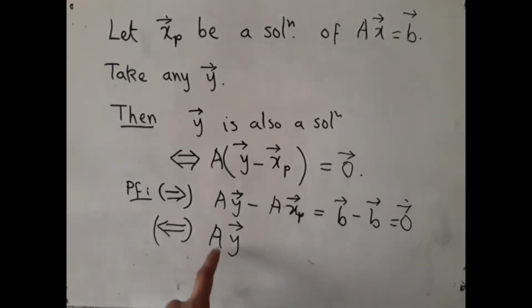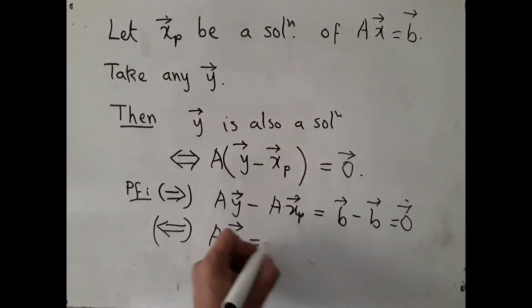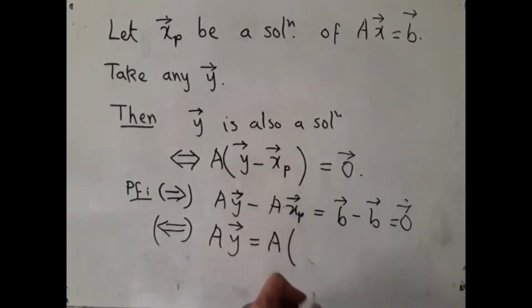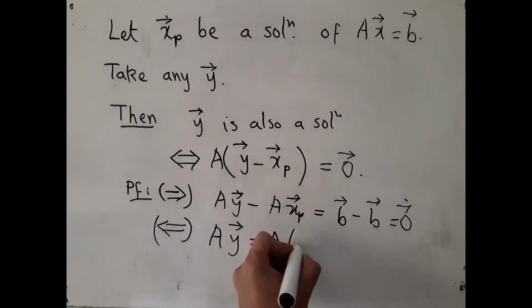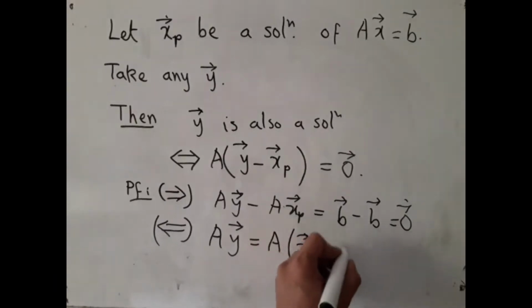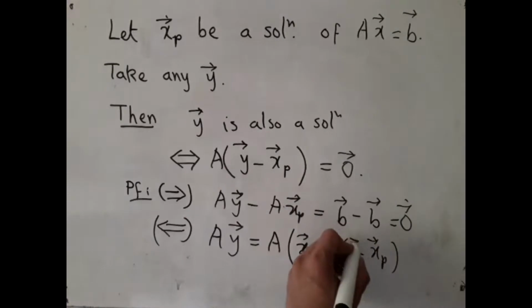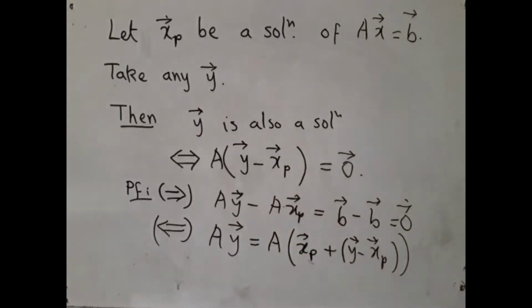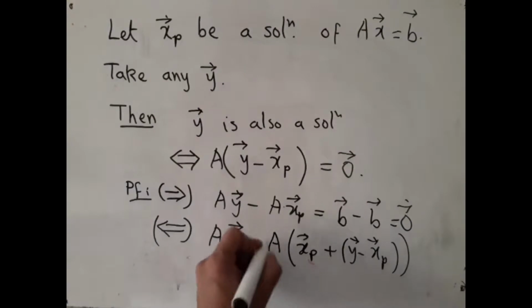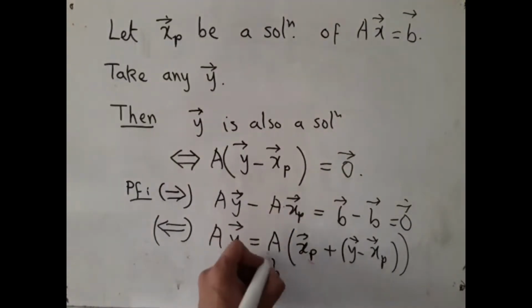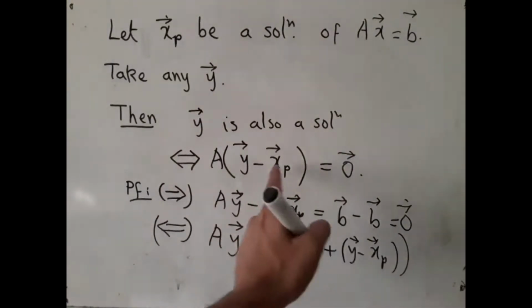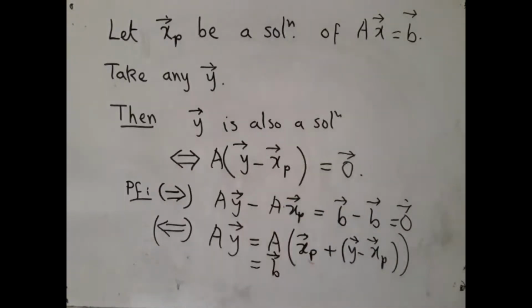That is, I am trying to show Ay is equal to b. I will just write y in the following way. I will write it as y is xp plus (y minus xp). And what is that? Axp is b, and A times y minus xp we have assumed is equal to 0, so it is equal to b, and that completes the proof. Pretty short proof.